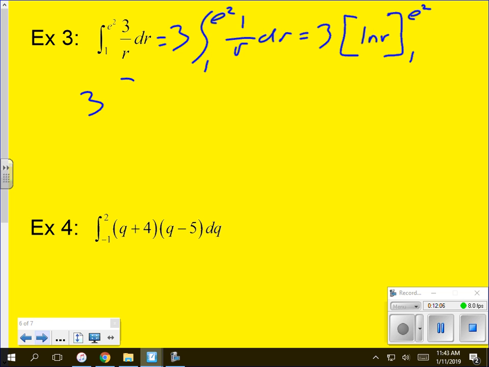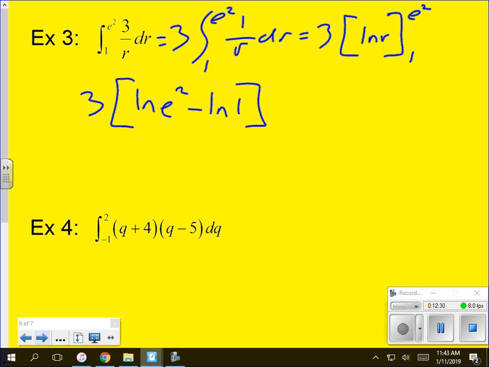So that's 3 times the natural log of e squared minus the natural log of 1. The natural log of e squared is 2. The natural log of e to some power is just that power.